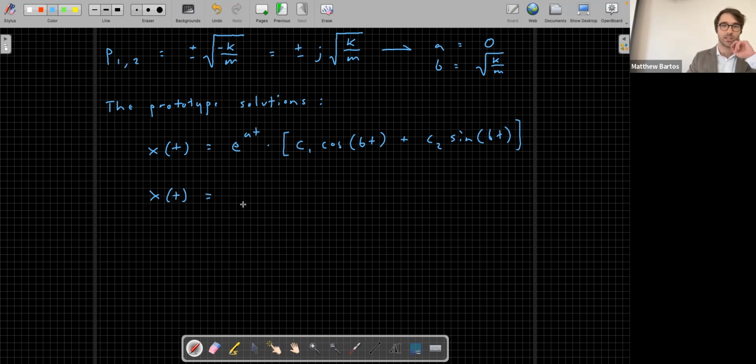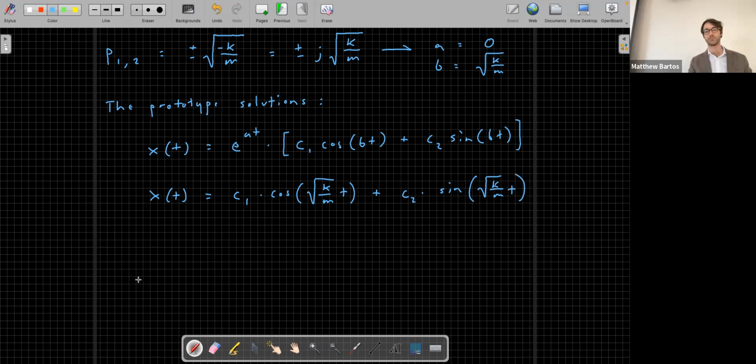Okay, so we'll end up with c1 times cosine square root k over m times t plus c2 times sine square root k over m times t. Okay, so are we done? No. We have to determine the coefficients c1 and c2 by using our initial conditions.